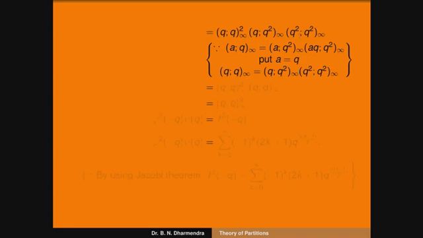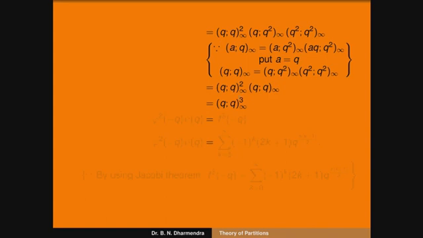That means the odd term into the even term gives (q;q)∞. So (q;q)∞ whole square into (q;q)∞ is nothing but (q;q)∞ whole cube.